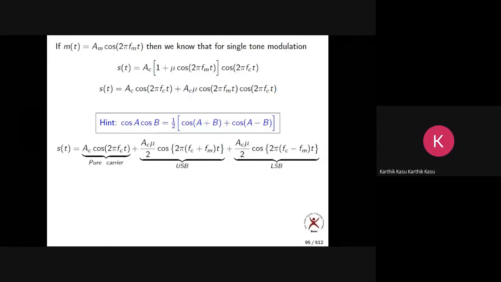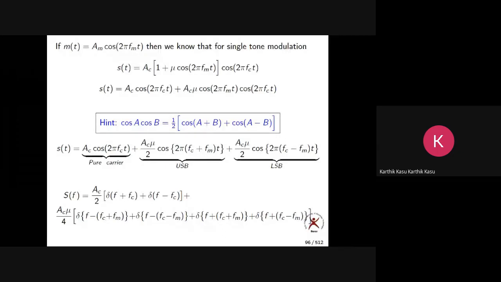Ac mu by 4 delta of f minus of fc plus fm. Good, very good. Next, plus Ac mu by 4 delta of f minus of fc minus fm. So the remaining ones you get at the same frequencies on the negative side. No need to write. Correct.